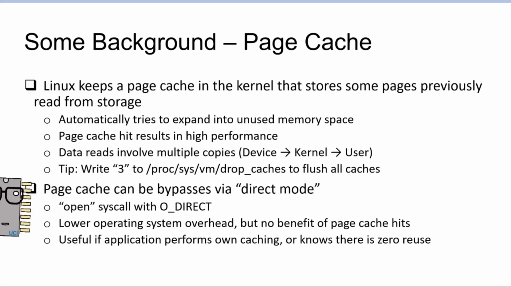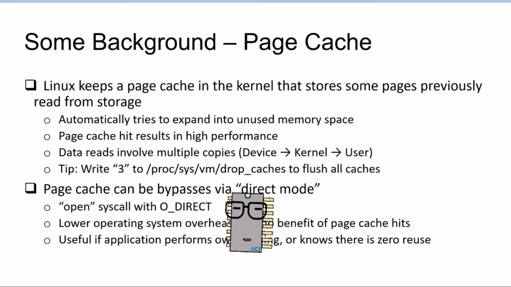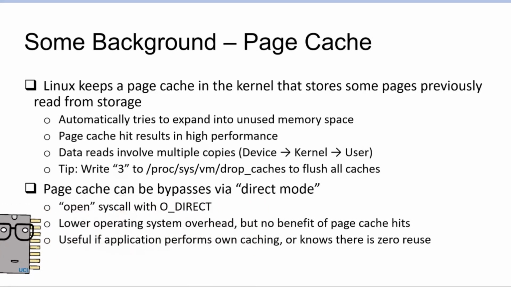From the software level, if you want to bypass the page cache, and hence bypass this multiple copying issue, you can use what is called direct mode. When you use the open syscall, you can give it the flag O_DIRECT, and it will return a file descriptor with the file open in direct mode. In direct mode, there is much lower operating system overhead.